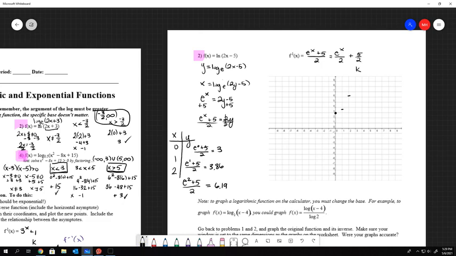For exponentials, our asymptote is y equals k, so the asymptote for this one is y equals 5 over 2, which is 2.5. So somewhere in between 2 and 3. I got a bit skewed.